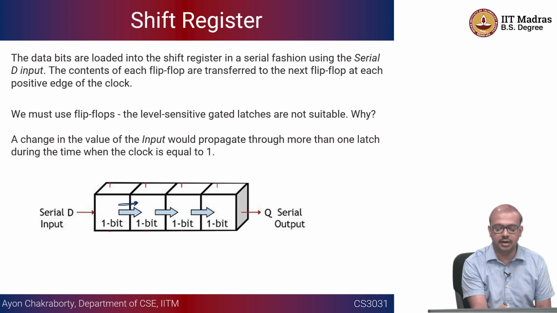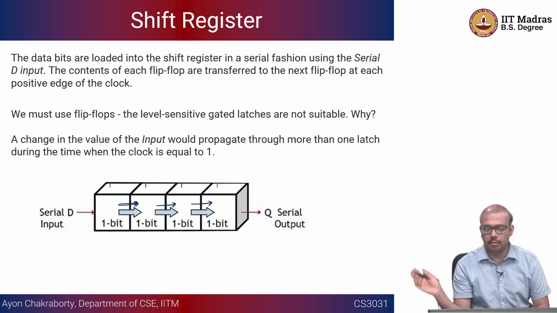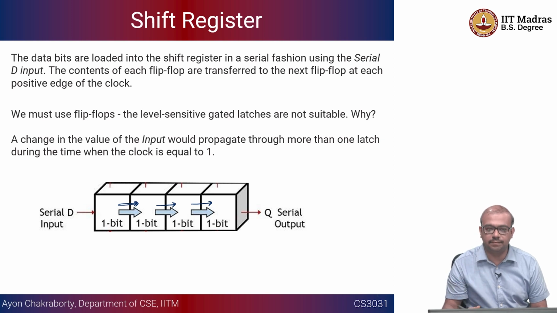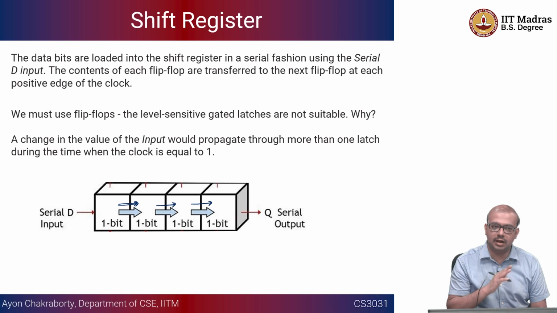This is going to be copied here, this is going to be copied here, and so on, and proportional to the number of bits that we are storing in the register, the amount of time the latch is high will depend on that. Rather than that, we implement it as a flip-flop, which is an edge triggered device, and with that edge trigger, all the D flip-flops simultaneously copy the content from the left hand side to the right hand side.